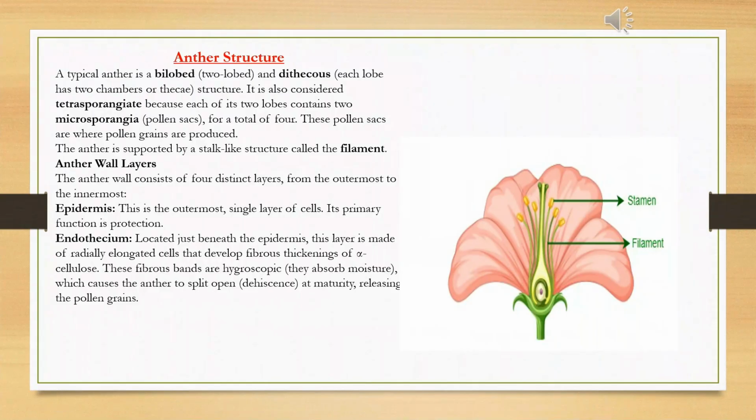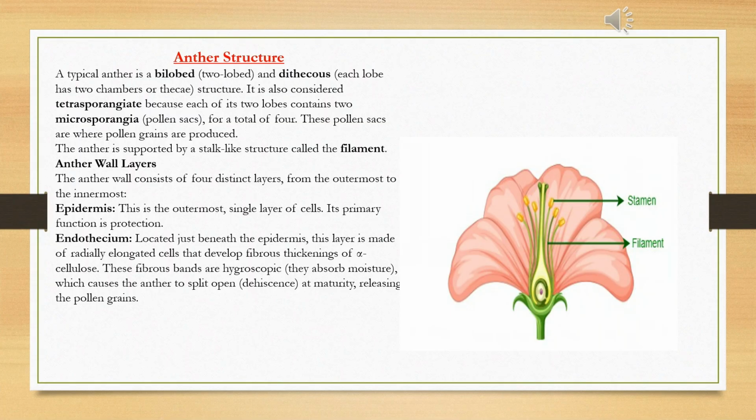It is also considered tetrasporangiate because each of its two lobes contains two microsporangia, or pollen sacs, for a total of four. These pollen sacs are where pollen grains are produced.